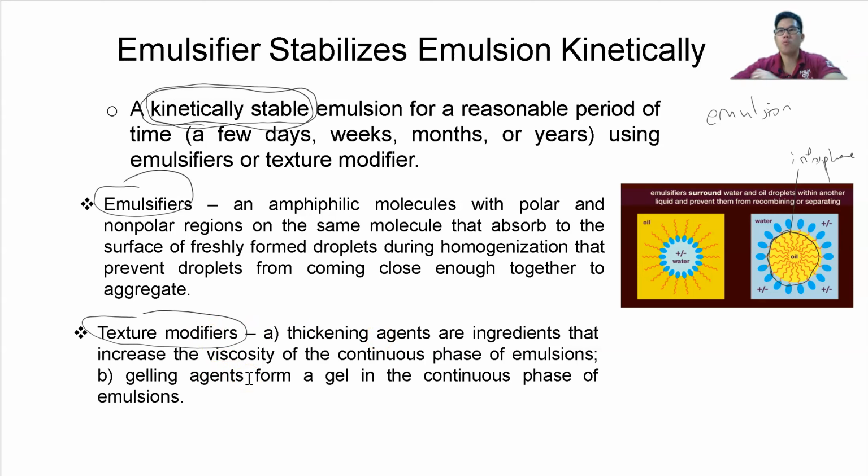Basically, they physically immobilize it, so the phases cannot separate from each other. But you may say, sir, why don't we use a texture modifier? It would be fantastic for stabilizing emulsions. But what happens is that now your emulsion is going to be very thick.